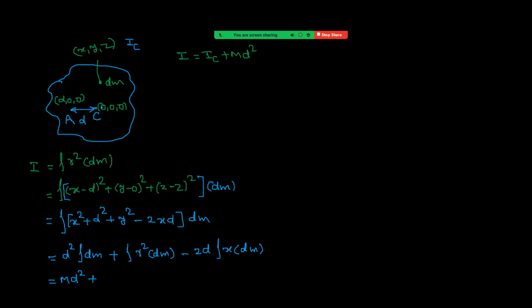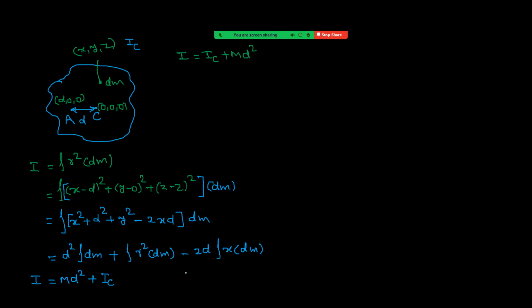So x minus 0 whole square, y minus 0 whole square, and this is z minus z whole square. Why is it like that? Because we are finding distance from the axis, not from origin. Therefore, this becomes now IC, moment of inertia about center of mass.